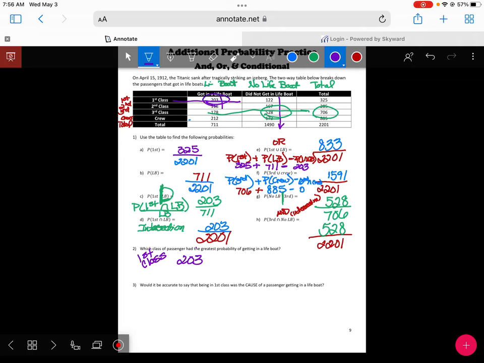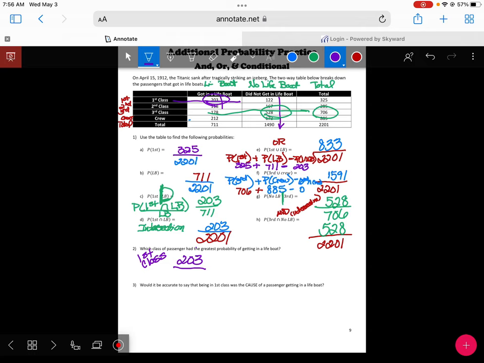But it says, what class of passenger had the greatest probability? If I'm looking at first class, this is a little bit different. When I say everything's always over 2201, that's not going to be the case in this one. But for a regular table it should be. But this is a different kind of question.